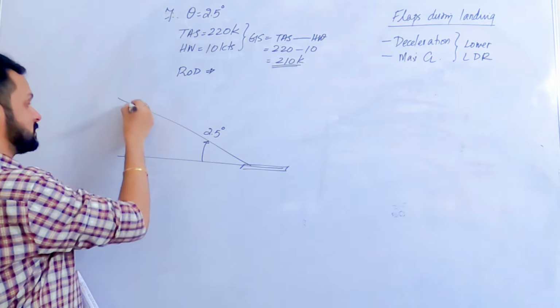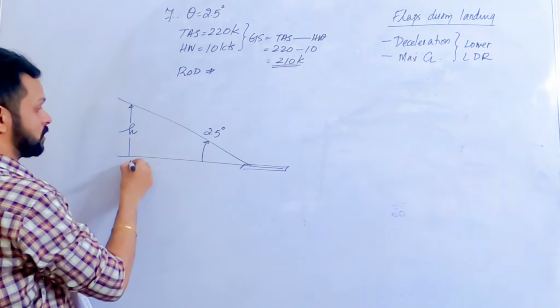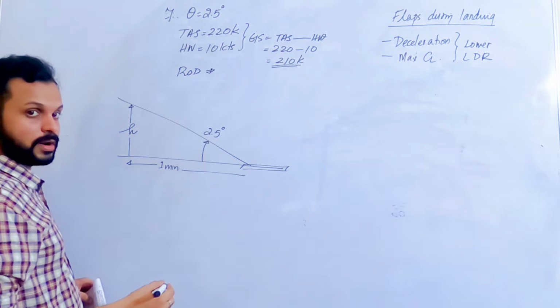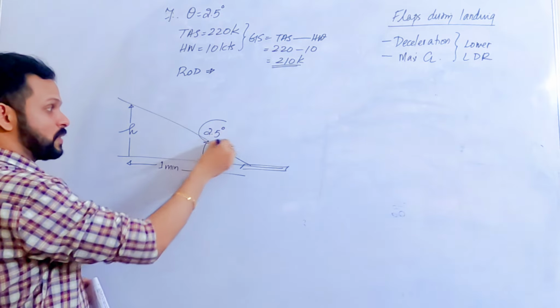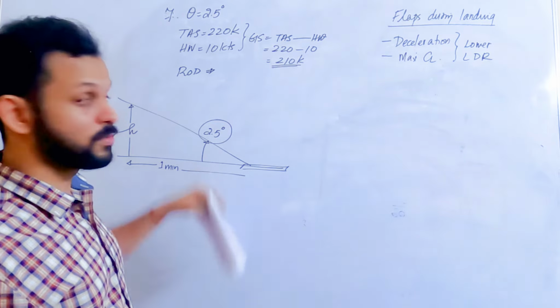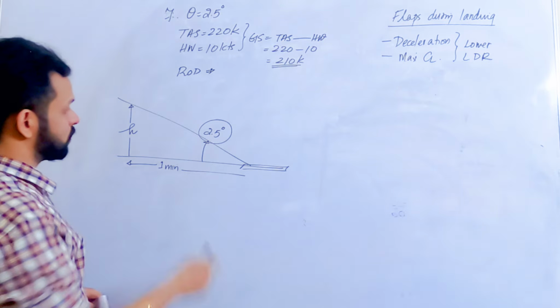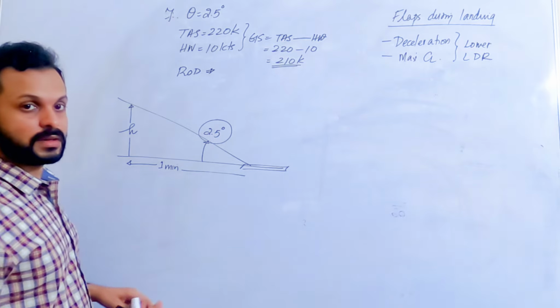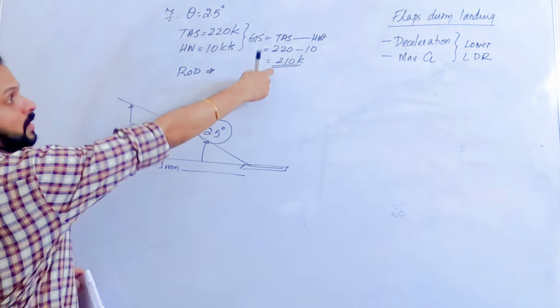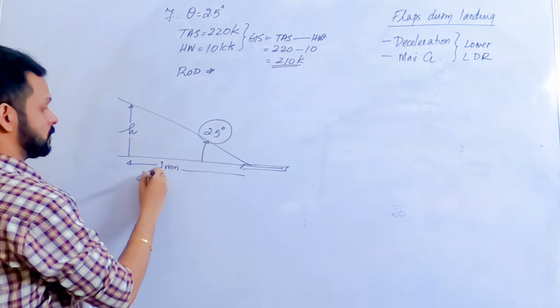Rate of descent is the height which I'm supposed to lose in 1 minute from the threshold, right? And we're now trying to connect it with a glide slope of 2.5 degrees where it is 250 feet per nautical mile. So what distance does 1 minute correspond to? For that we need the ground speed. 210 divided by 60. That's right.